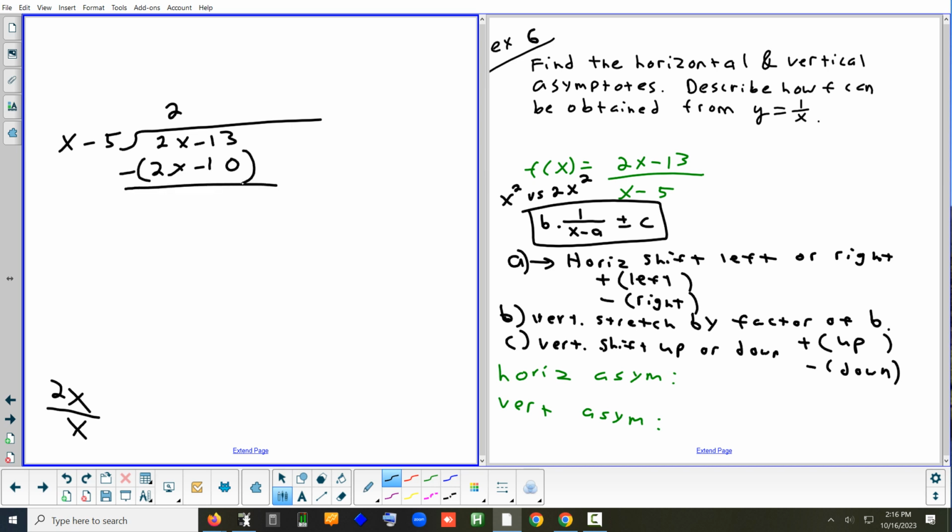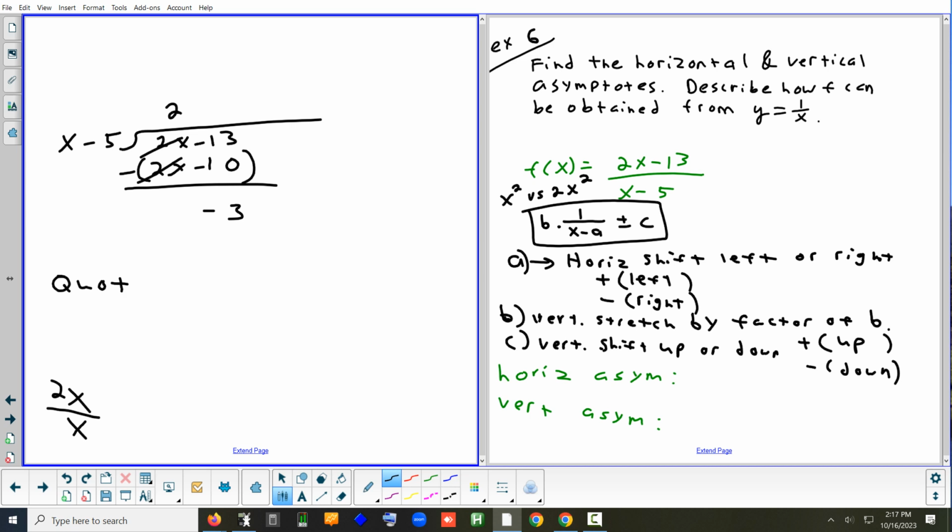And subtract. What's 2x minus 2x? 0. That's gone. And what's negative 13 minus negative 10? So that's really going to become negative 13 plus 10. Negative 3. And that negative 3 is your what? Remainder. Yep, your remainder.